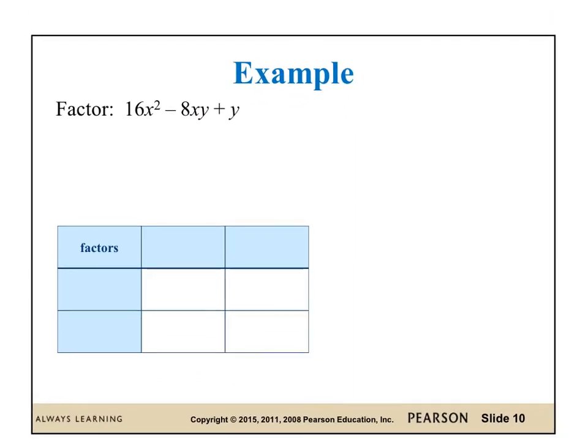So we're going to look at, okay, here we have one that is clearly not a perfect square. Even though the first term is a perfect square, the last term is not. Therefore, we have to go back to our regular method, which is to first, remember always, step 1, is there a greatest common factor?